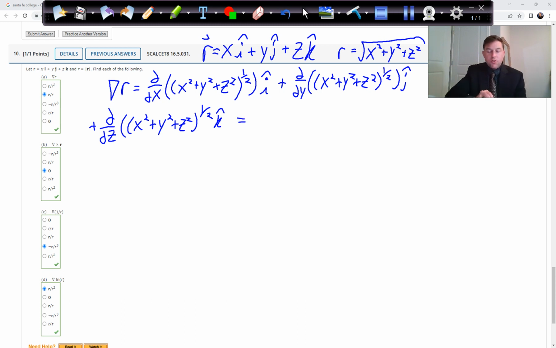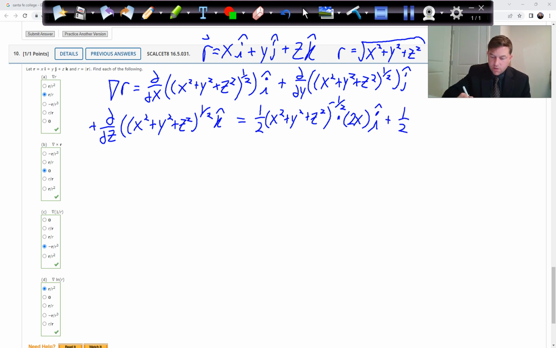Well, if I take a partial derivative of this, it's going to be 1/2, leave the bubble alone, raised to the minus 1/2 times the derivative of the inside. When I'm considering x as a variable, the derivative of x squared is 2x, and the other two terms go away. And that's in the i direction. Now, by symmetry, the other two derivatives are exactly the same.